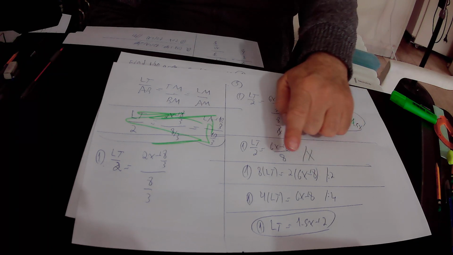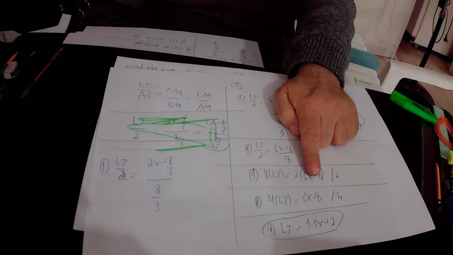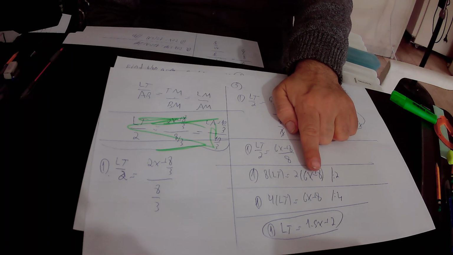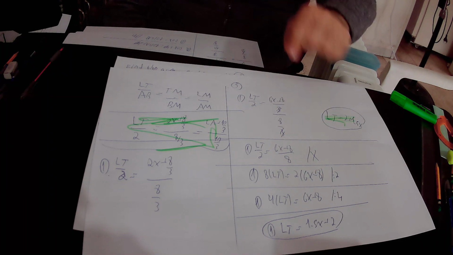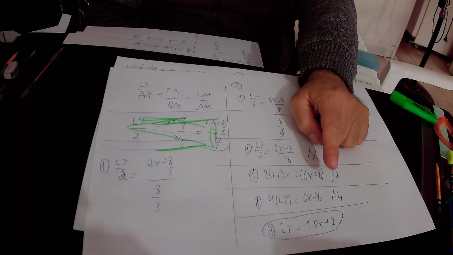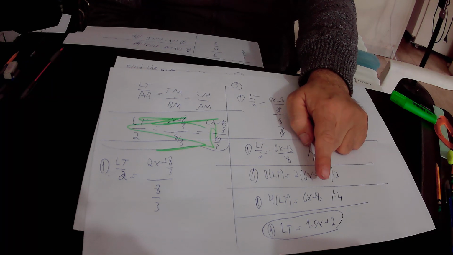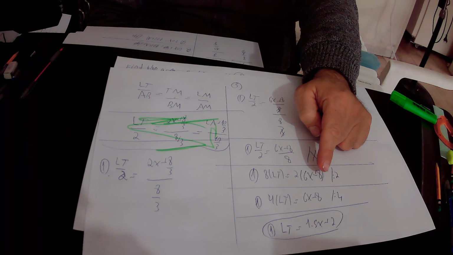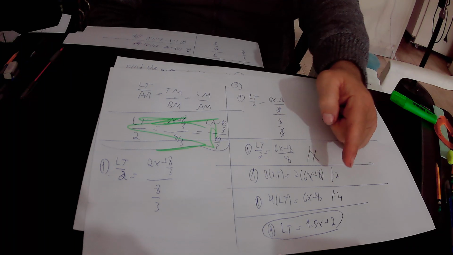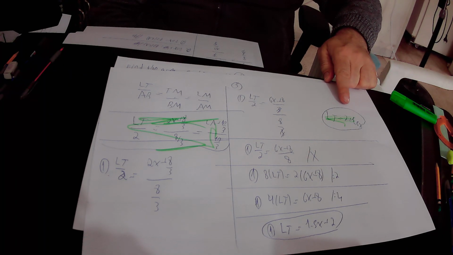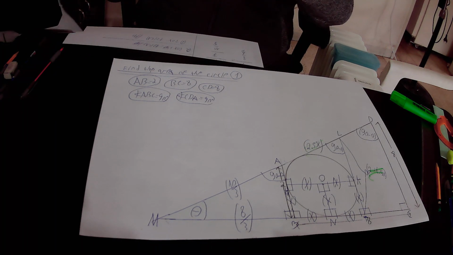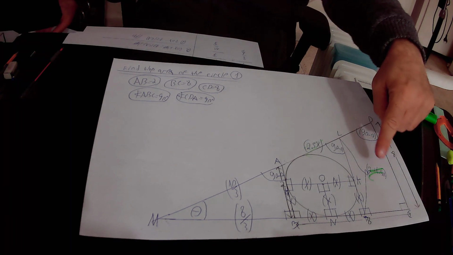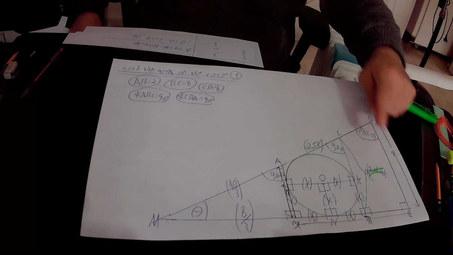So in conclusion, we found out that 4LT equals 6x plus 8. Here we divided this equation by 4. And finally, we found out that LT equals 6x over 4 is 1.5x, plus 8 over 4 is 2. So in conclusion, we found out that LT equals 2 plus 1.5x. Here, this nice segment LT equals 2 plus 1.5x.